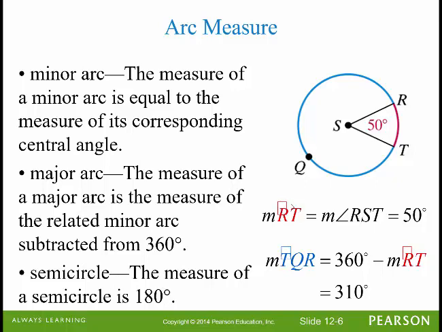Unfortunately this didn't come up in the PowerPoint, so forgive that. But this is saying the measure of arc RT is equal to the measure of this angle. So the measure of this arc is 50 degrees. The measure of arc TQR is equal to 360 minus the remaining. So the measure of arc RT, 360 minus 50, gets me 310 degrees.